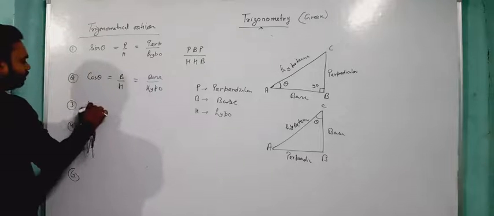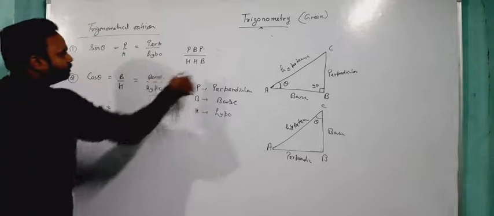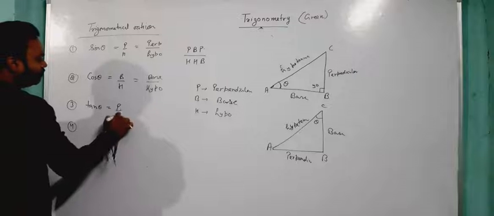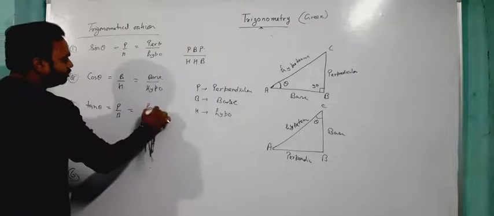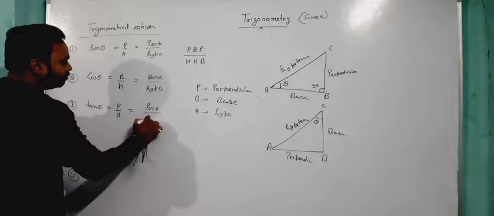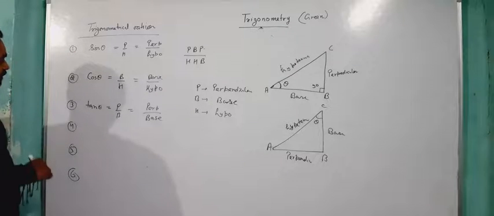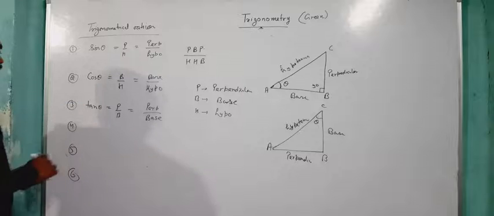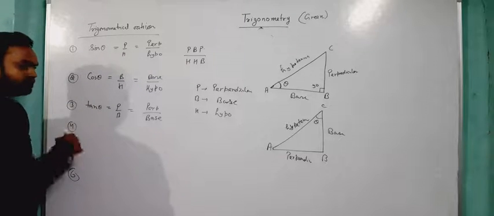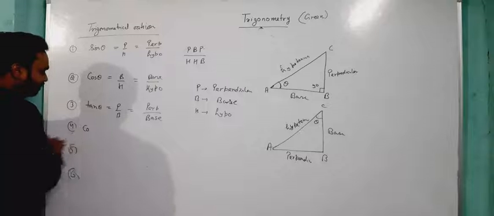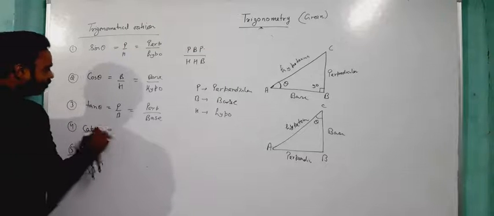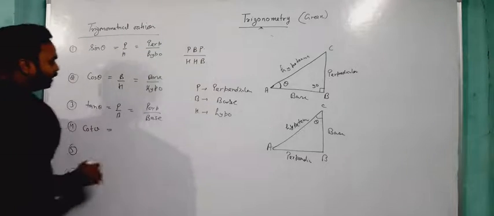Tan theta is P upon B, that is perpendicular upon base. The inverse of tan is cot theta. Cot theta will be base upon perpendicular.